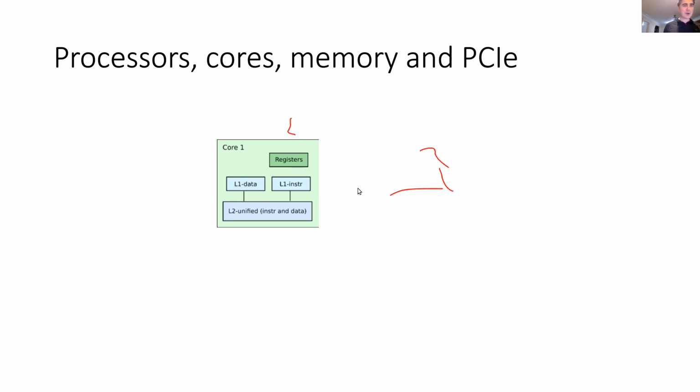Okay, look. So let's understand one more time what a processor is, what a core is, what a PCI bus is. When you buy a processor, it will come with multiple cores. Each core will have its set of registers, a private L1 data cache and L1 instruction cache, and a unified L2 cache, still private to the core.